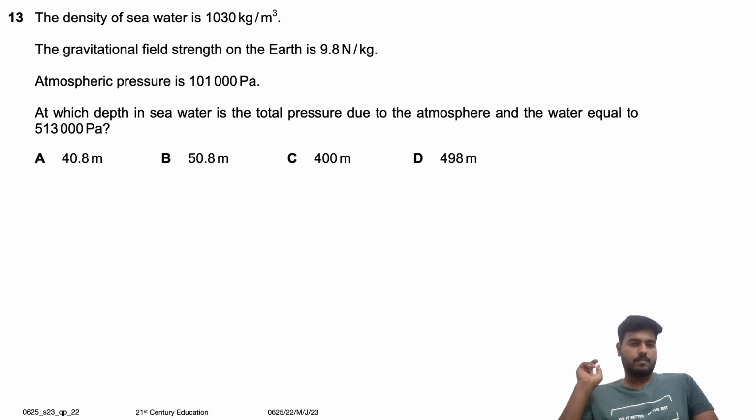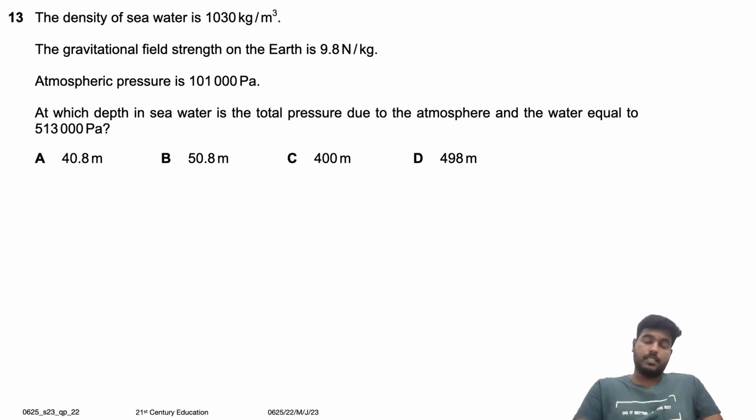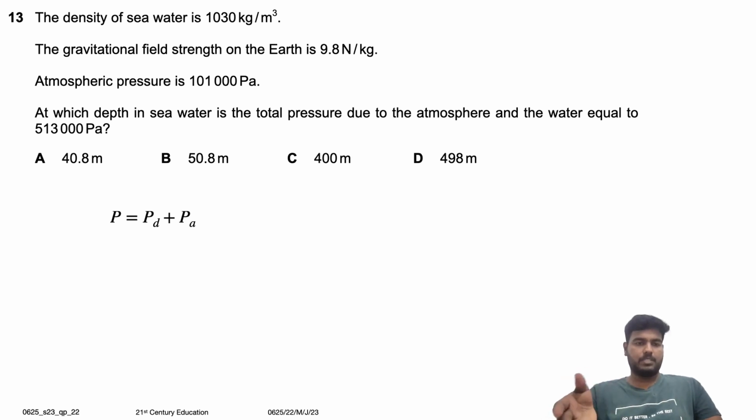513,000 pascals? Okay, so now this is a little critical question that we might not have anticipated or discussed in the class. The pressure inside the liquid, we know that it's rho g h, but when atmosphere is included, it is pressure inside the liquid plus atmosphere. So the pressure is pressure due to depth plus pressure due to atmosphere.